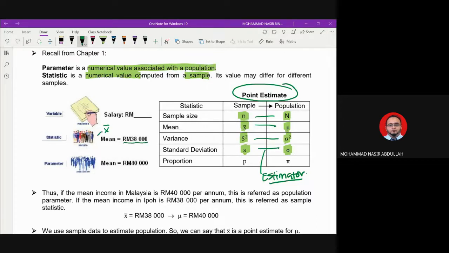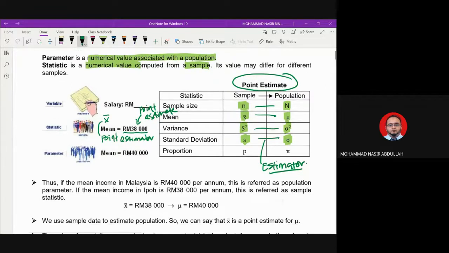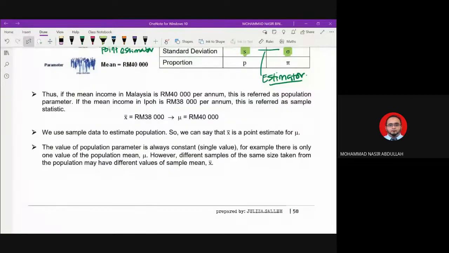So x bar is a point estimator for the sample, and this value is called the point estimate. The others you can read yourself. So x bar is a point estimate for mu, a point estimator actually.